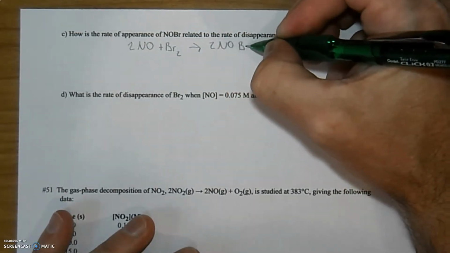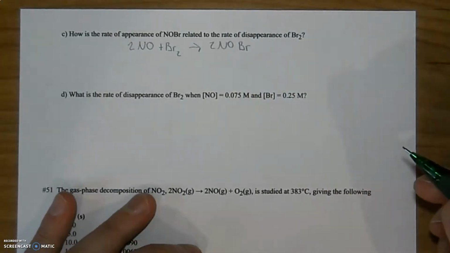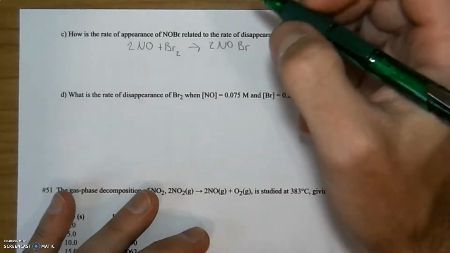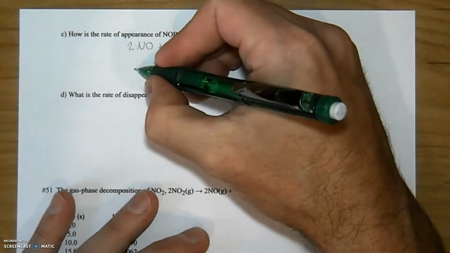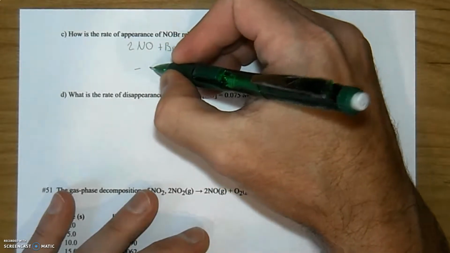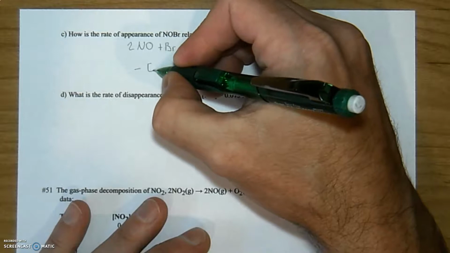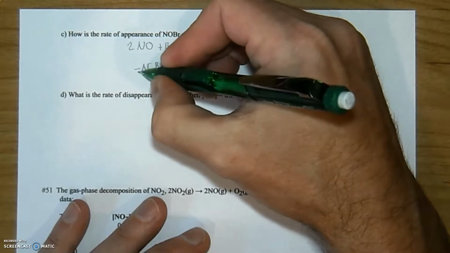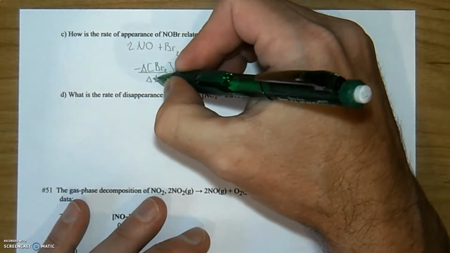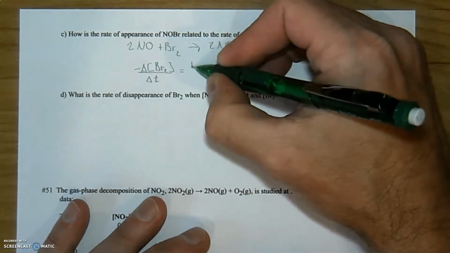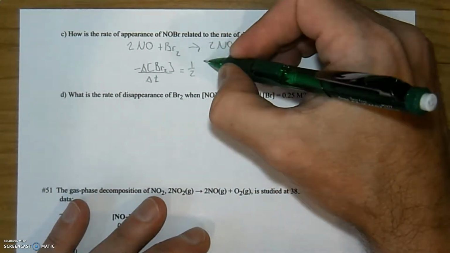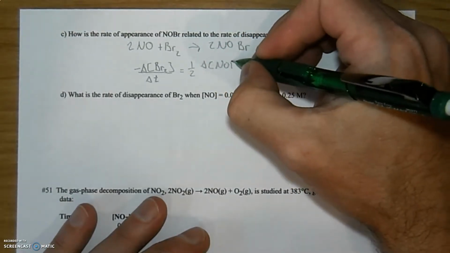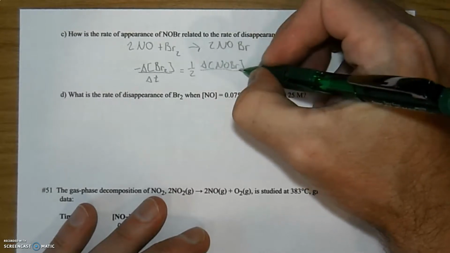2NOBr. And if we're talking about how these relate to each other, remember the coefficients become fractions. So I'll write this so we can see it clearly: the change in the concentration of Br2 over the change in time is equal to 1/2 of the change in NOBr over the change in time.